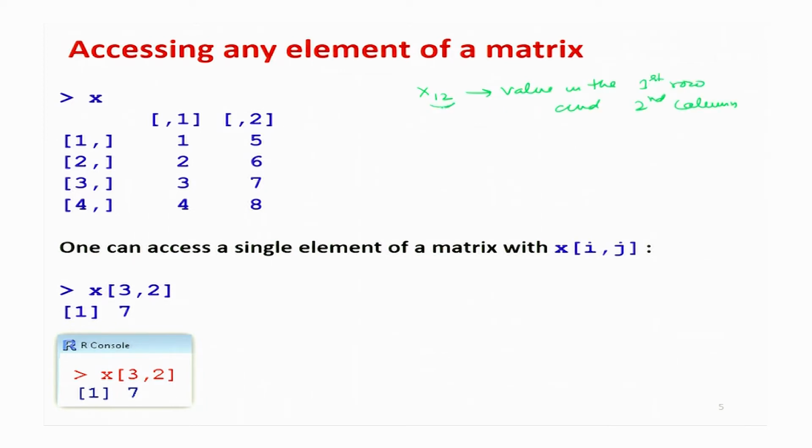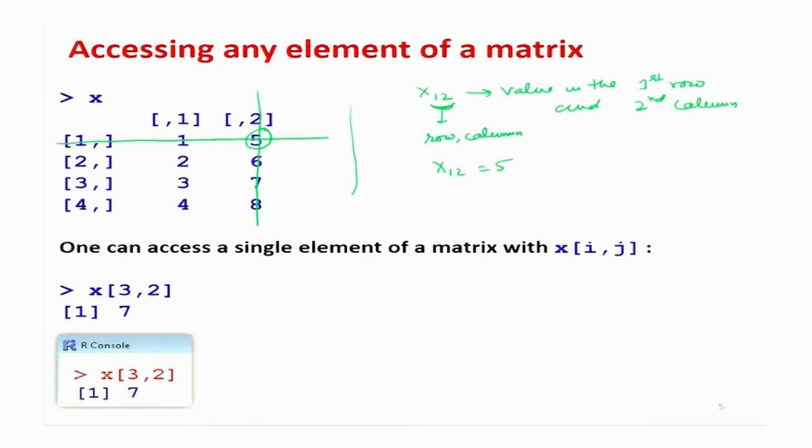So 1 2 indicates the position of row and the position of column. For example, in this matrix, if I say x 1 2, 1 means the first row and 2 is the second column. The value at the intersection of these two lines is the value of x 1 2, which is equal to 5.